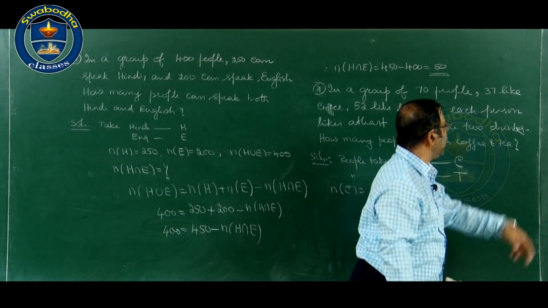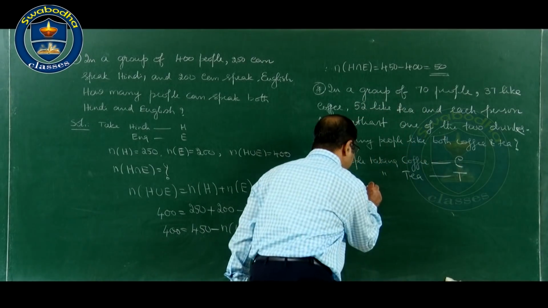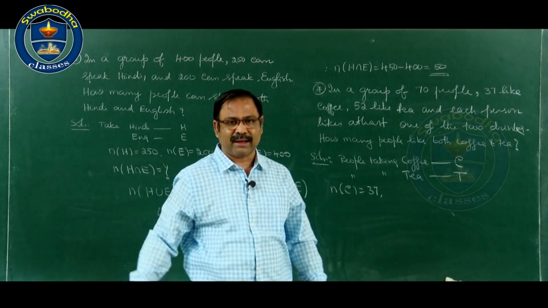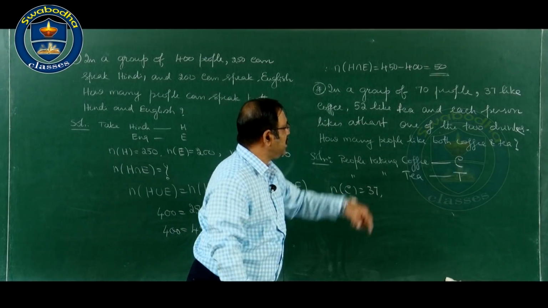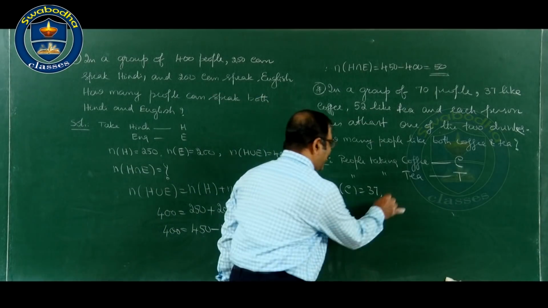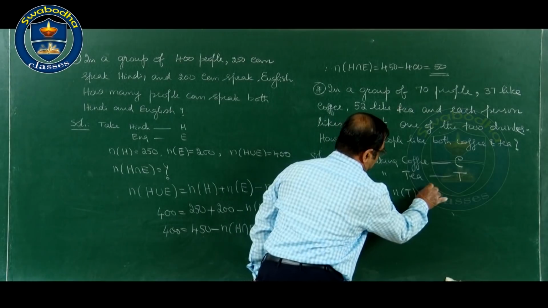How many people take coffee? N of C is 37, correct? Next, 52 take tea. So, what is N of T? 52.